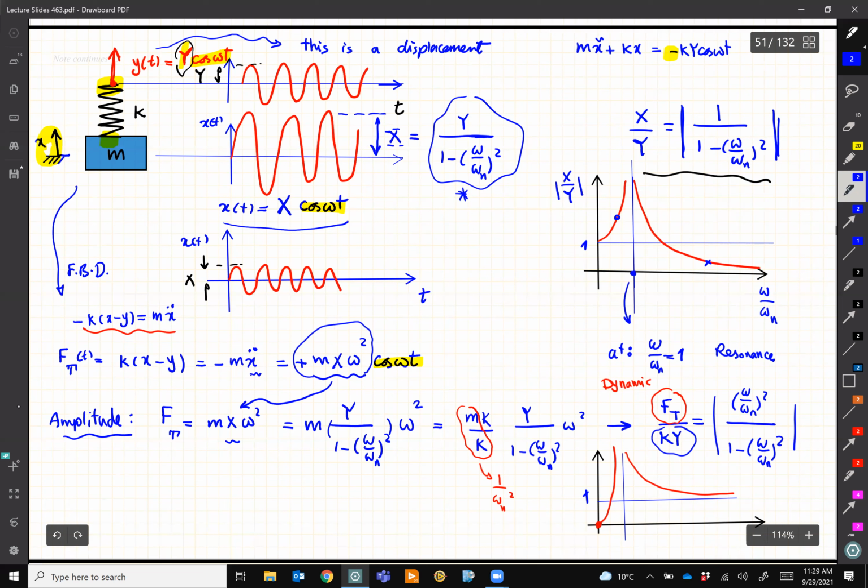And one extra thing, we calculated the magnitude or the amplitude of Ft. Now that I know how large this Ft is, I know how fast this force is going to be applied between these two. And how fast, it depends on omega, right? Because it is a function of cosine omega t.